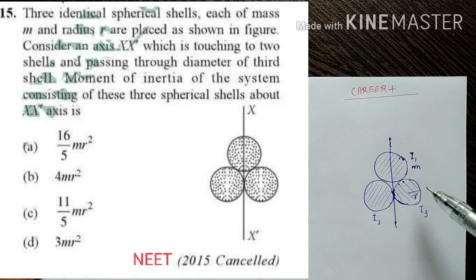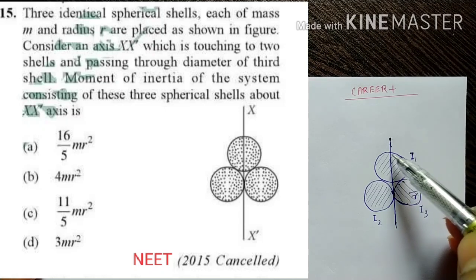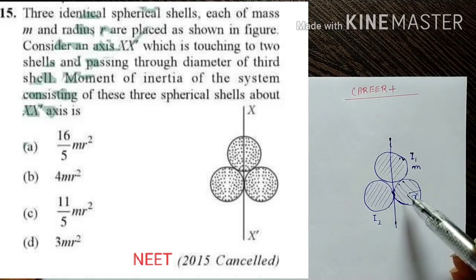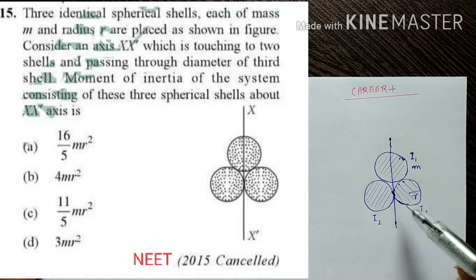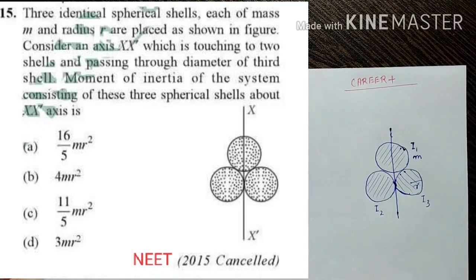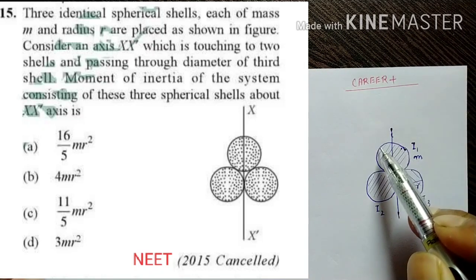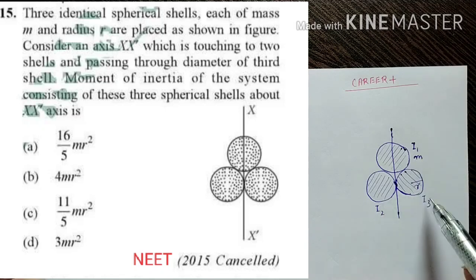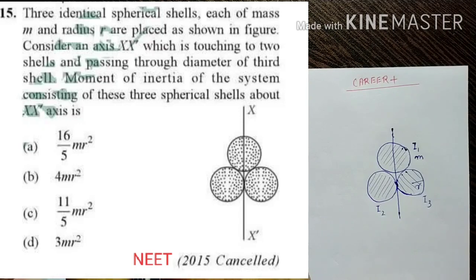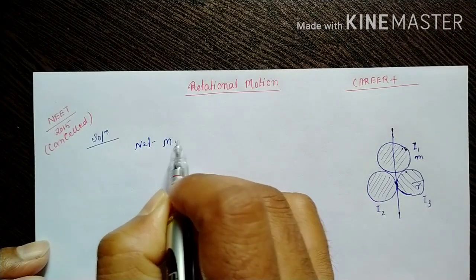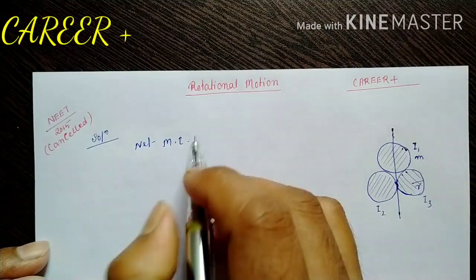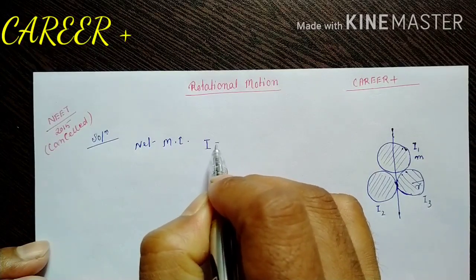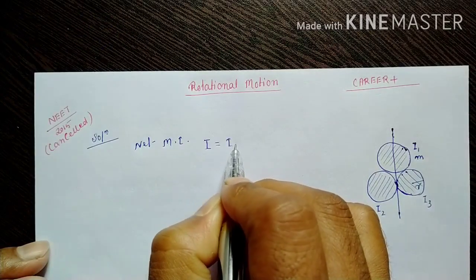For the first cell it is a diameter, and for the second and third it's a tangent. Very simple. Say the moment of inertia of that cell is I1, similarly I2, I3 for the others. So the net moment of inertia of the system, capital I, is just the algebraic summation of these three.